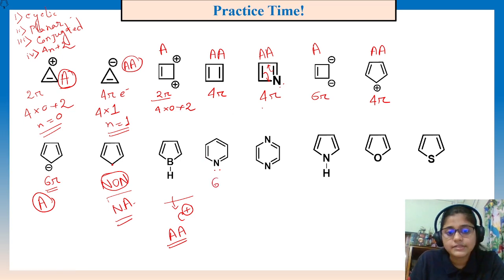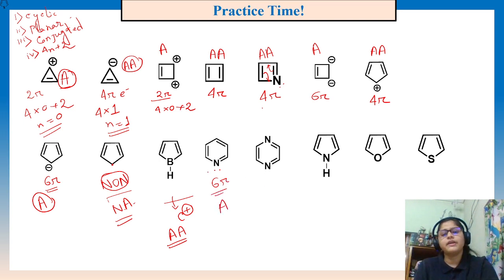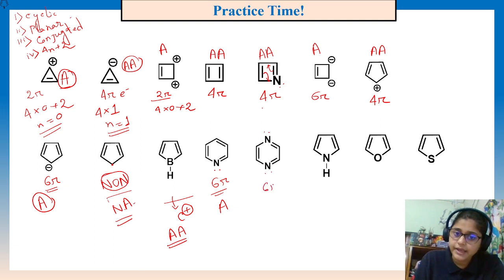So here 6 pi electrons are present. It is aromatic, obviously. Other criteria are also fulfilled. Here it is the same thing. All are conjugated double bonds. The lone pair is not participating. So 6 pi, aromatic.